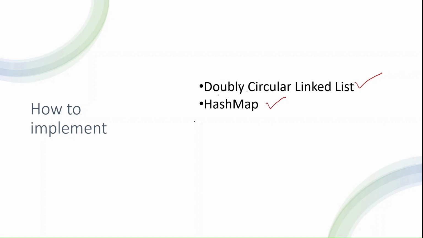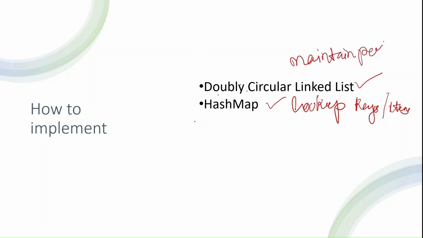So, for example, HashMap lets us rapidly look up these items, and doubly circular linked list maintains a perfect order. We'll be using the combination of these two to do this more accurately.